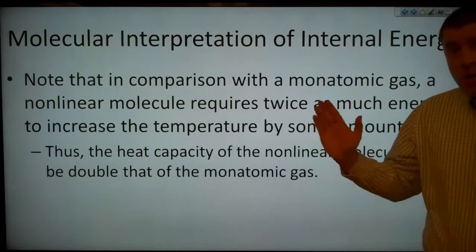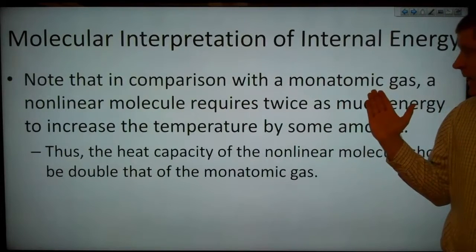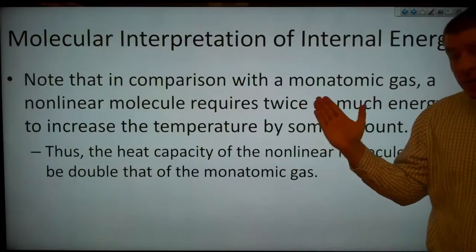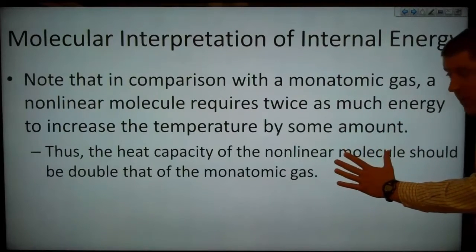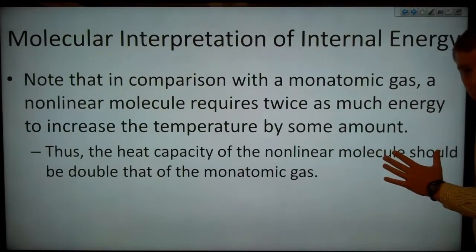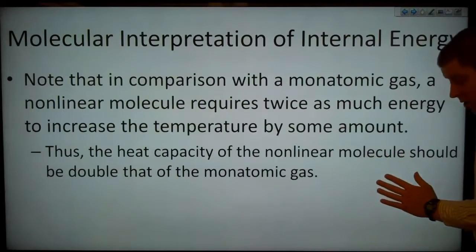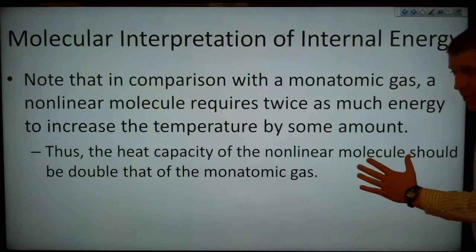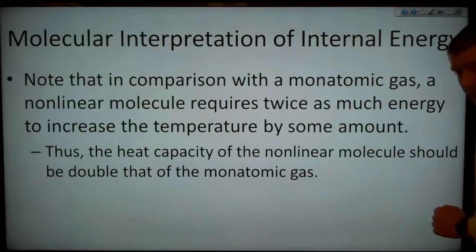Now note here that in comparison with a monatomic perfect gas, a nonlinear molecule then requires twice as much energy to increase the temperature by some amount. And this means that the heat capacity of the nonlinear molecule should be double that of the monatomic gas.